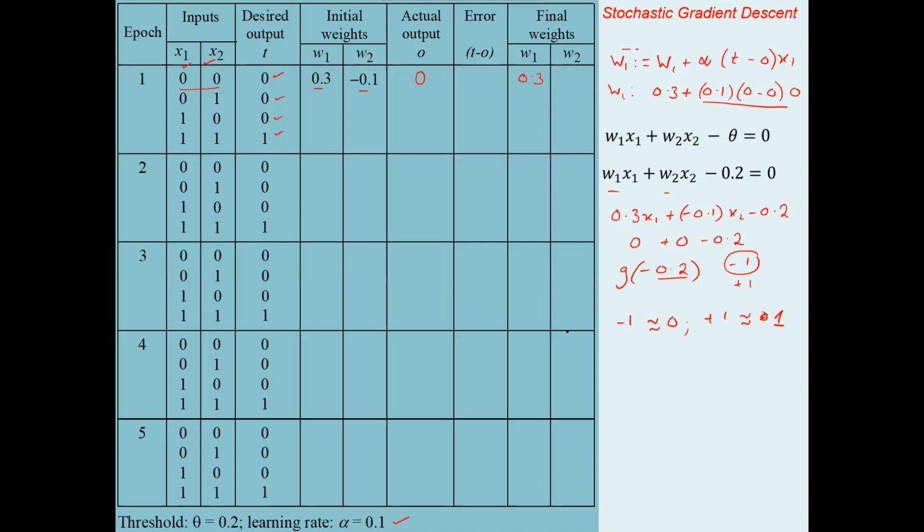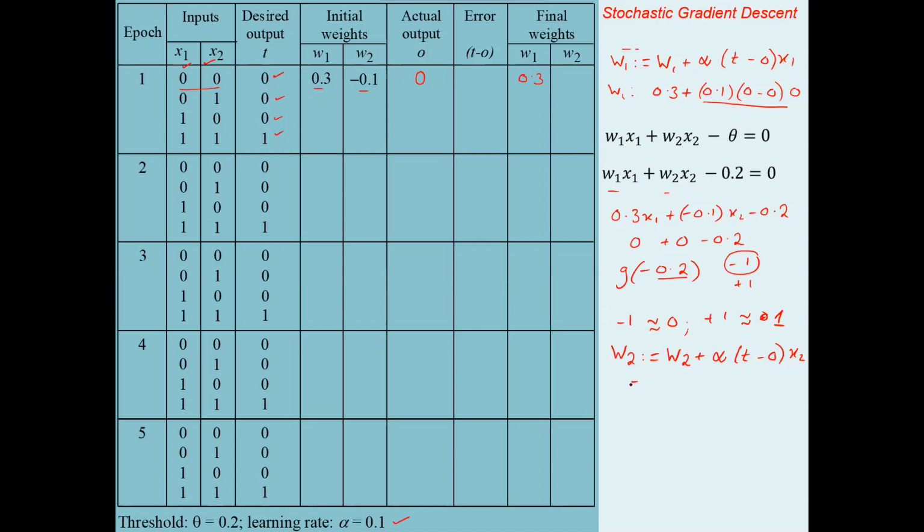Now let me do the same thing for W2. For W2, the expression would be W2 plus learning rate times target minus output, and be careful, now we have X2 here. When I'm solving for weight 1, I have X1, and when I'm solving for weight 2, I have X2.